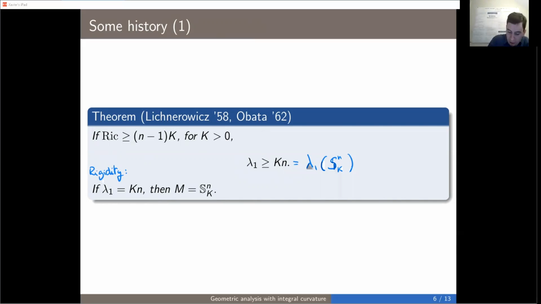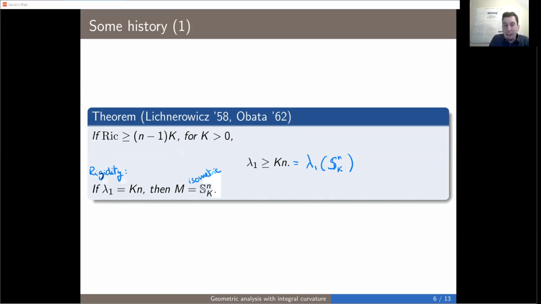So the equal sign here means isometric, not only diffeomorphic, but you have an isometry. It's really the same, it has the same geometry. So this estimate of Lichnerowicz is good. It gives us a uniform lower bound for all the manifolds that satisfy this curvature assumption.